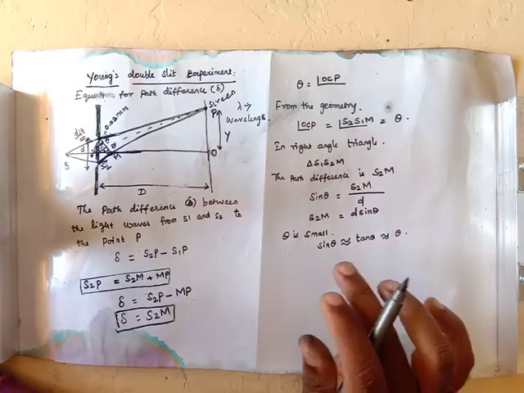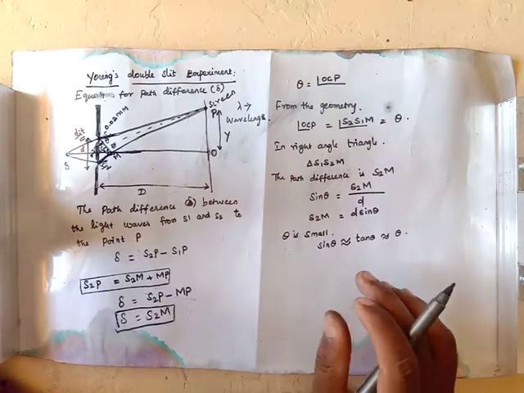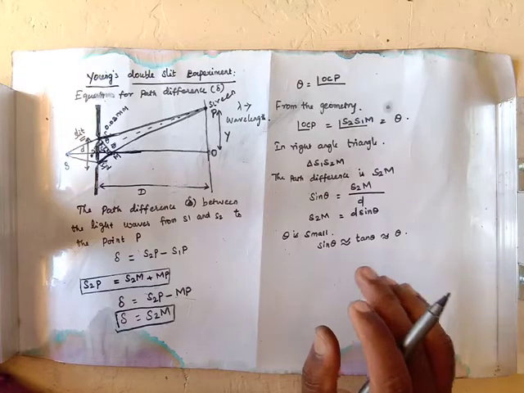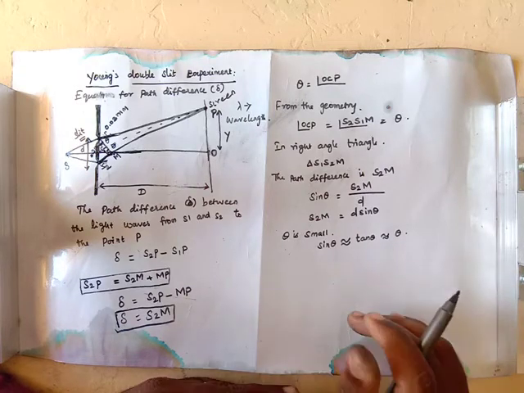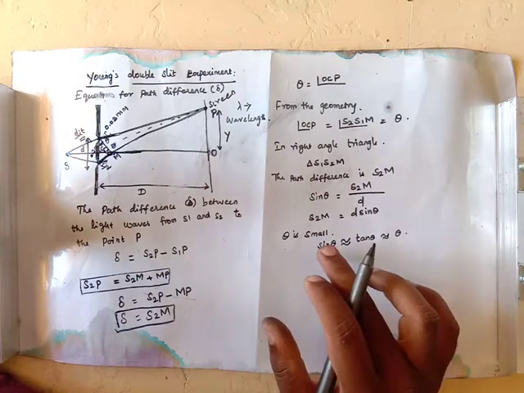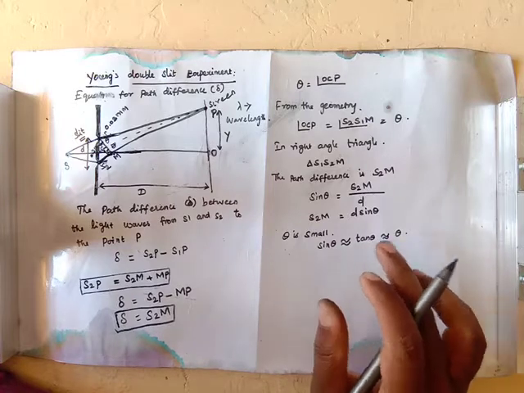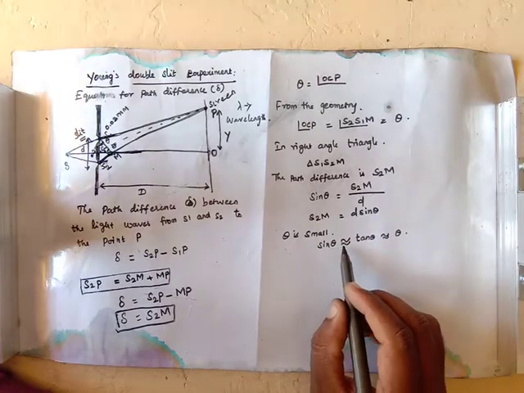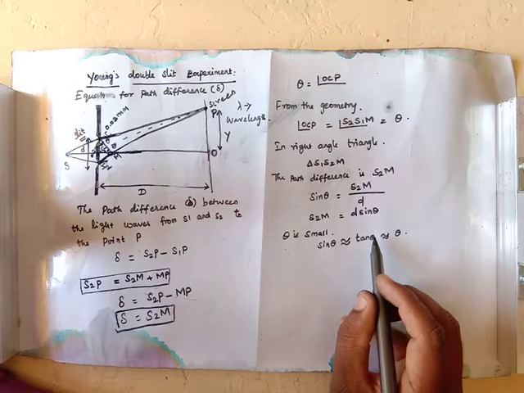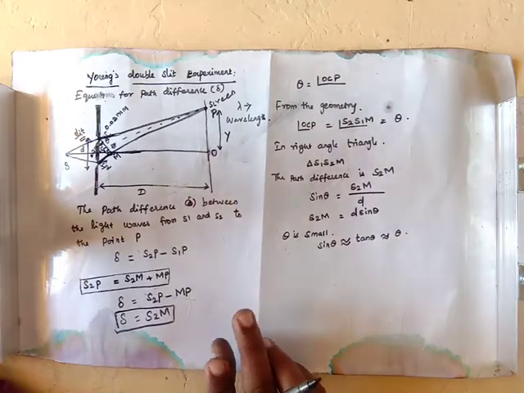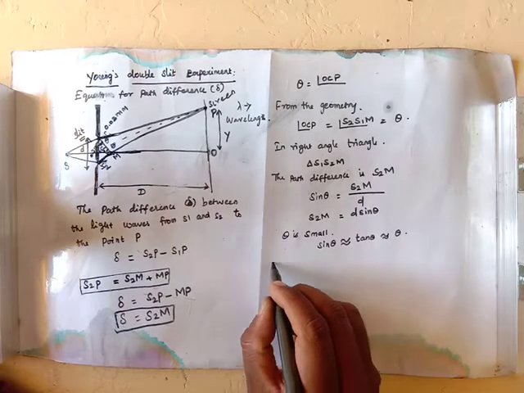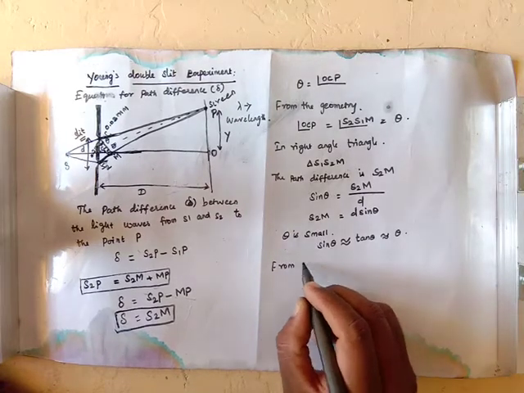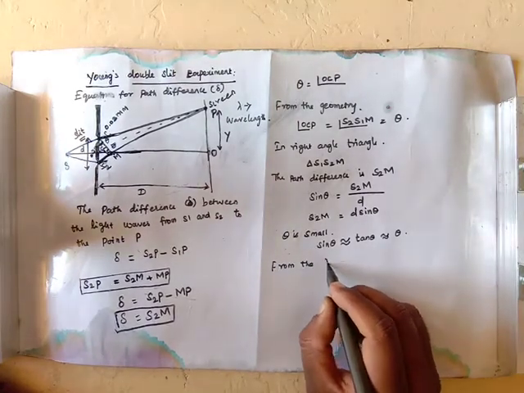We know that sin 0 degree and tan 0 degree have the same value: sin 0 is equal to 0, tan 0 is equal to 0. So by using this concept, sin theta is approximately equal to tan theta, which is approximately equal to theta.